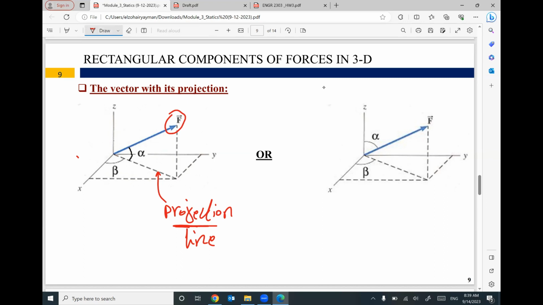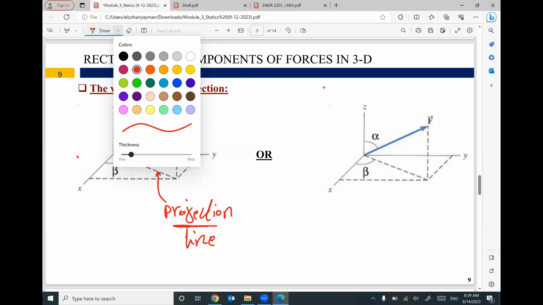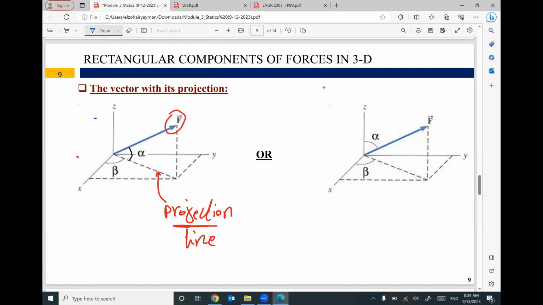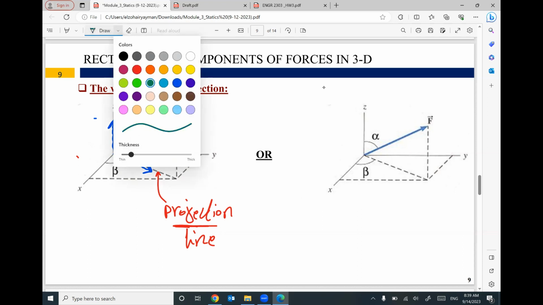If you have this case, we have 2 steps. First step, I will break my force between the projection line and your Z axis. The angle between the 2 blue arrows is alpha. So I'm going to use alpha in my calculation.